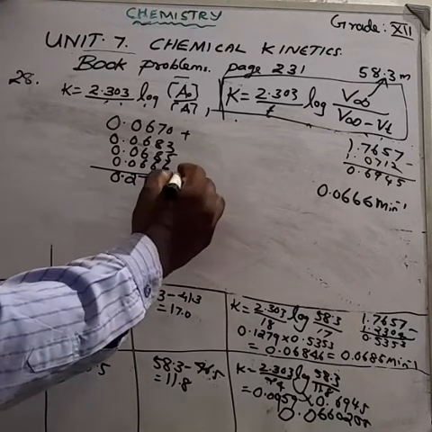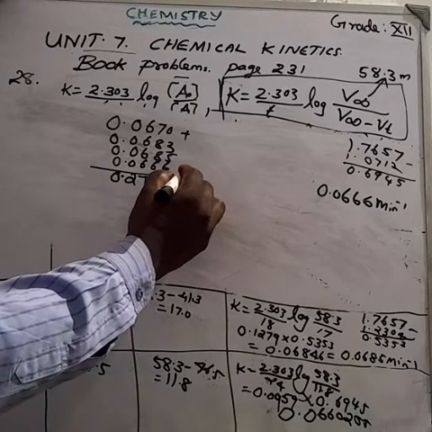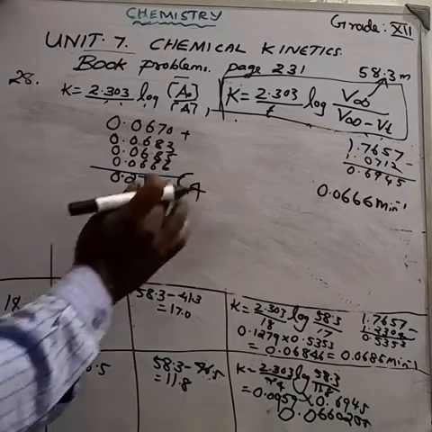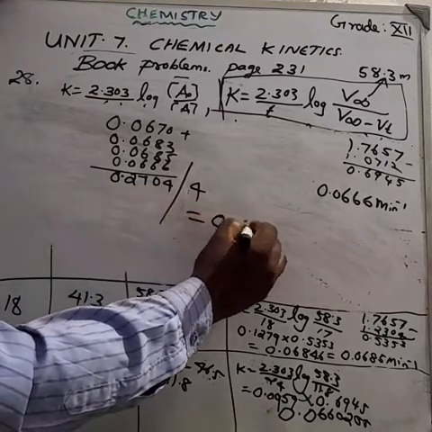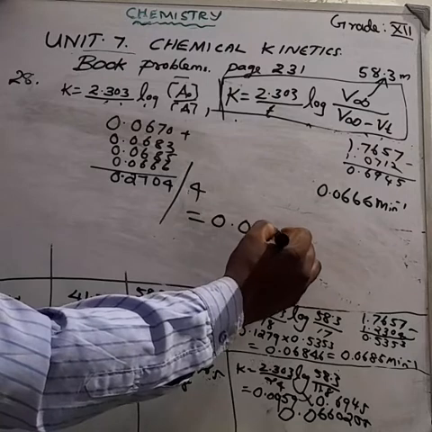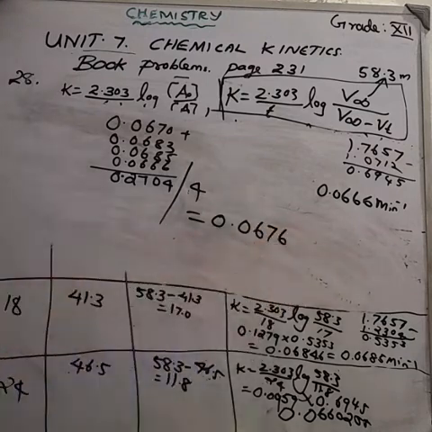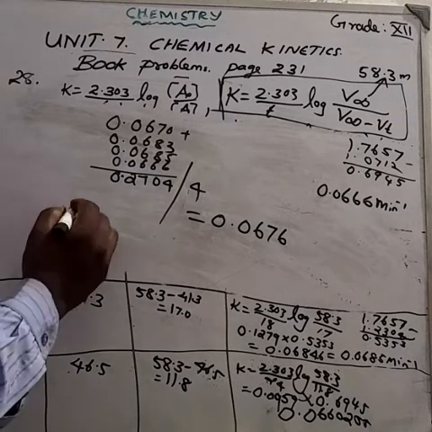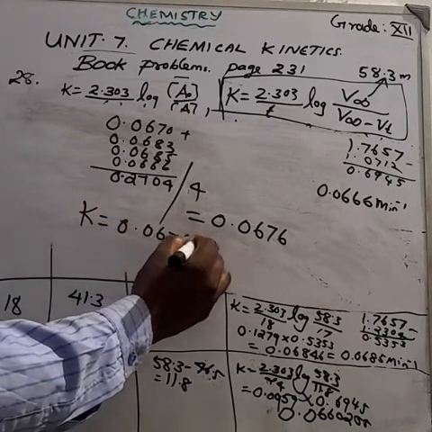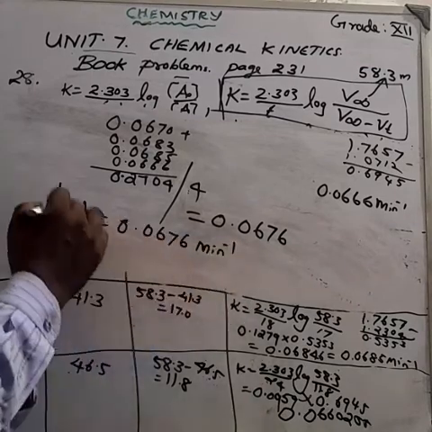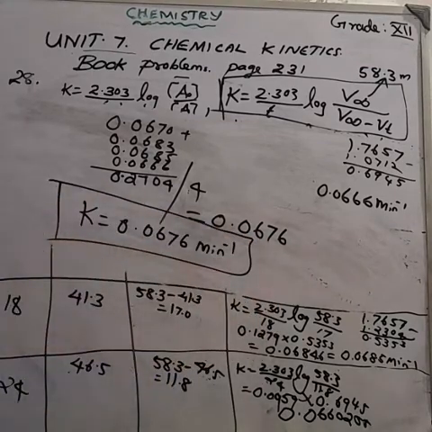Dividing by 4, 0.2704 divided by 4 is approximately 0.0676. This value is the K value. So this value of K comes to be nearly constant, so the given reaction is first order. The mean value K is equal to 0.0676 minute inverse.